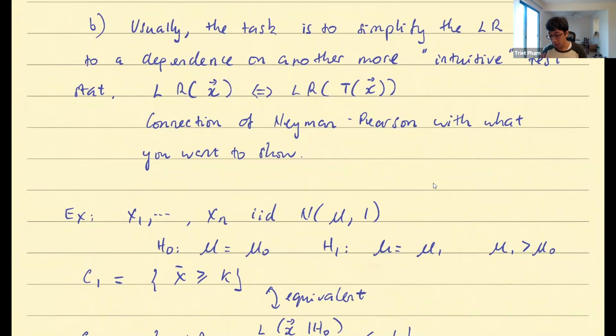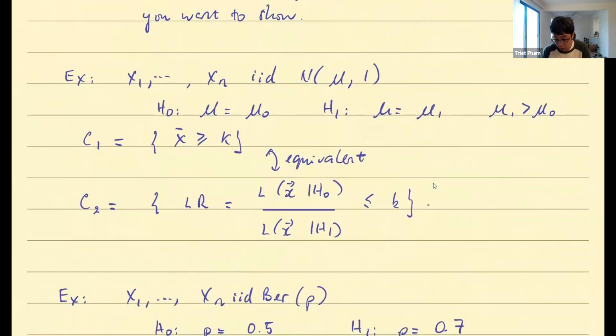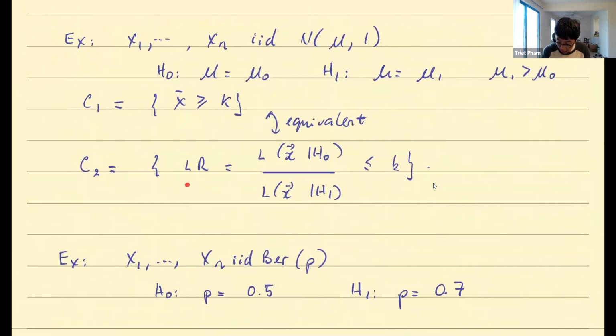There are many reasons why we do the work we do, sometimes to make things more aesthetically pleasing, to turn into something we're used to. For example, I would completely agree that this is more aesthetically pleasing than that. But of course, if you start to understand the likelihood ratio, you see there's not really much difference.